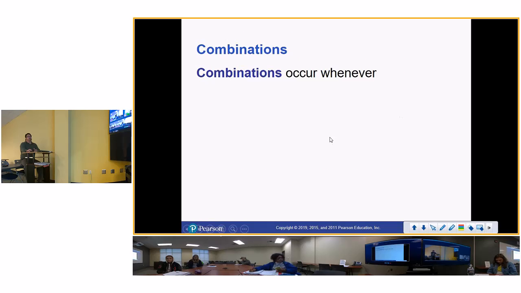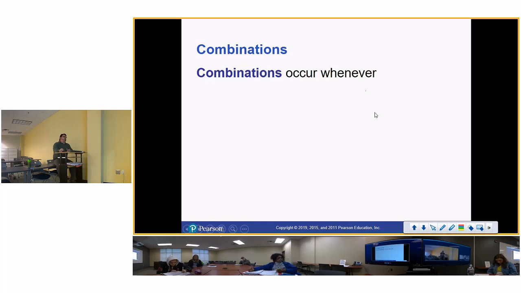There we go, combination. Combinations occur whenever there is no order. None. Zilch. This is going to be your lottery tickets, your committees.